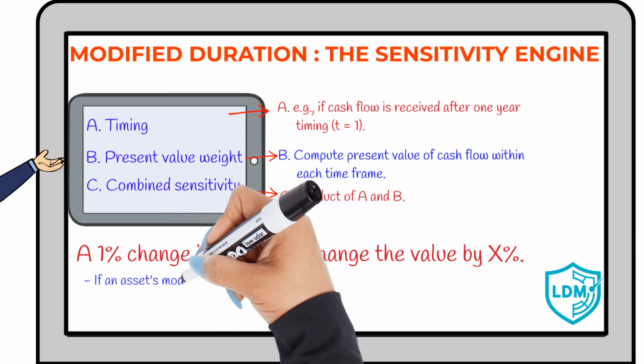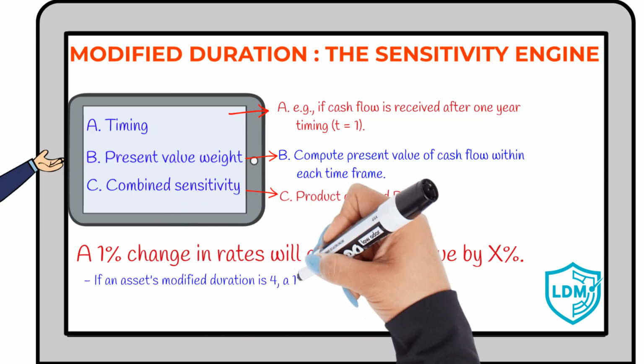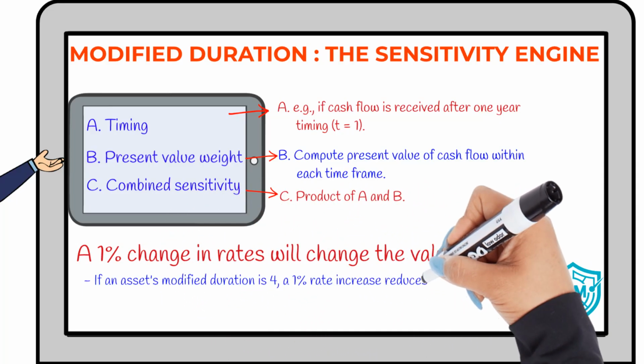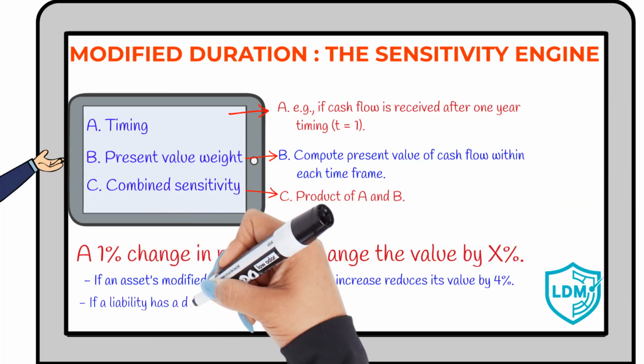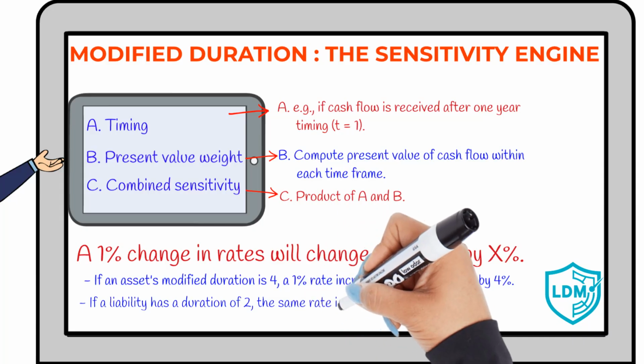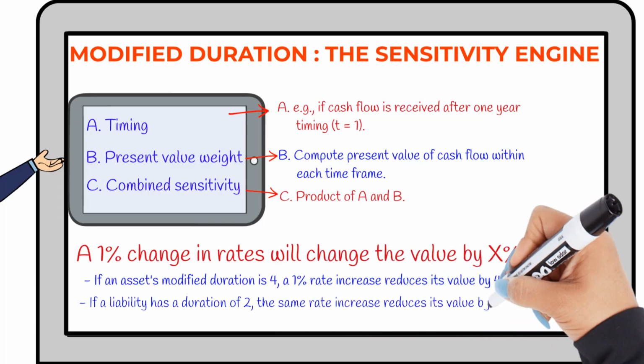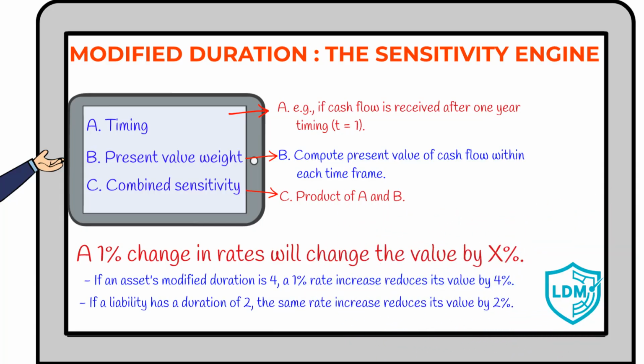If an asset has a modified duration of 4, a 1% rate increase reduces its value by roughly 4%. If a liability has a duration of 2, the same rate increase reduces its value by 2%. Duration turns the entire balance sheet into a single sensitivity number.